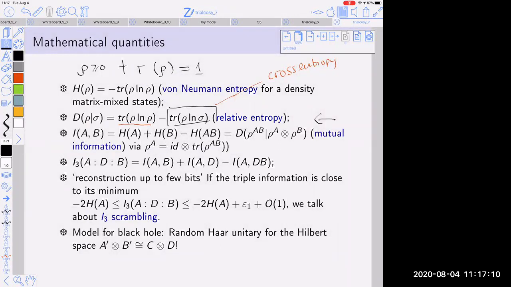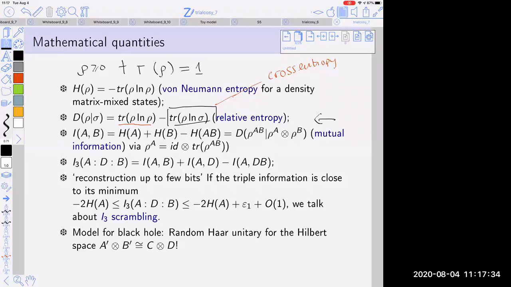And this I3 entropy is really a little bit mysterious if you see it for the first time. If you find this kind of troublesome, well, be my guest. I felt exactly the same way. But it's a funny thing. It's the mutual information from A with B and A with D, minus the mutual information of A with BD, right?